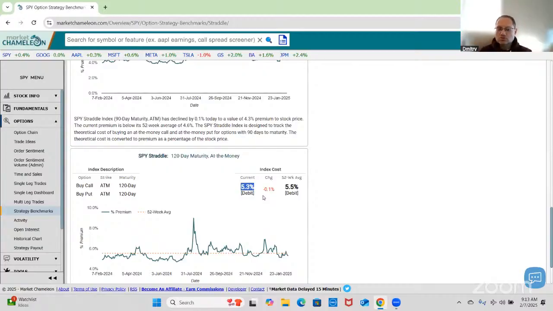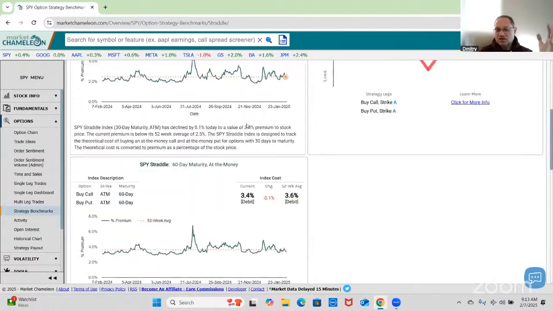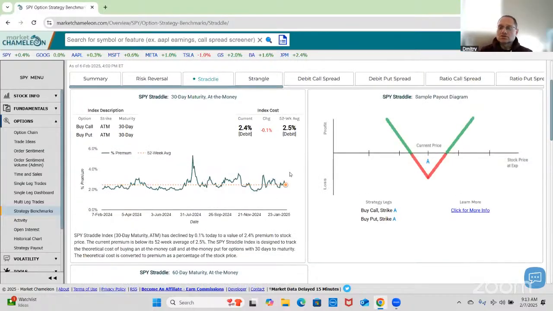In this case, we're looking at a straddle, and you needed something just to get a sense of, well, what am I paying? What are the costs here if I did it in this expiration? Because that would be the risk, and where is it relative to history? Is it on the high end, the low end, and how do they even compare to other straddles if I look at different times to expiration?